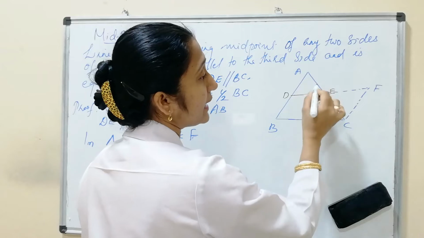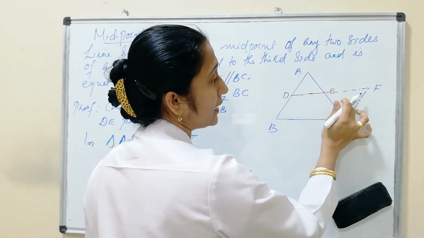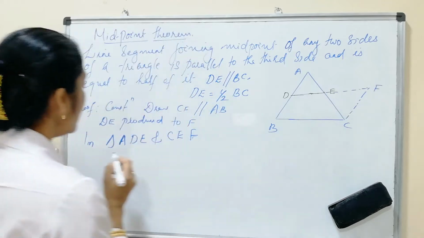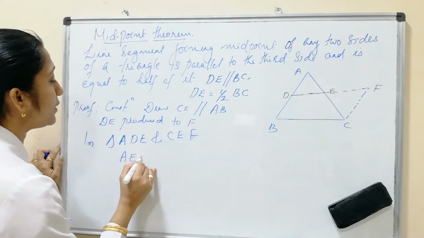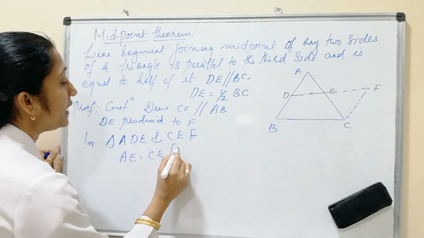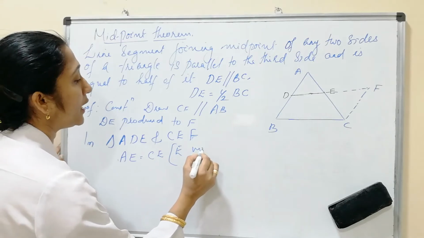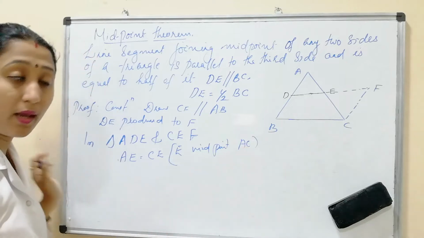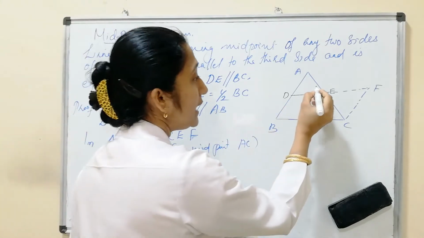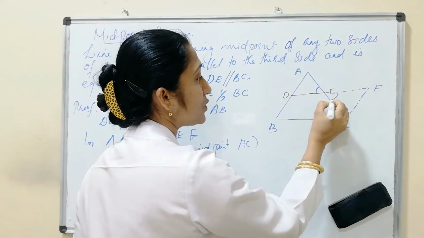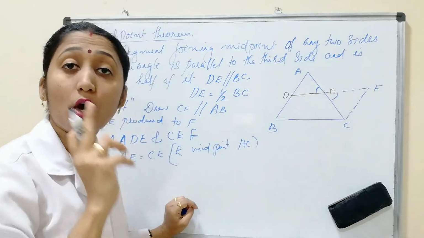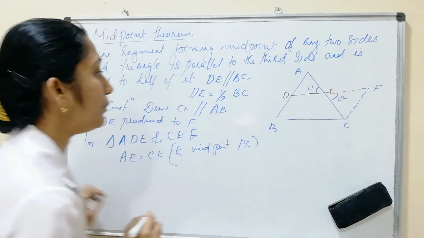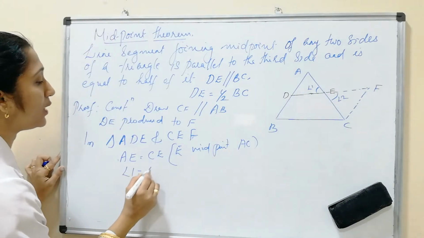So in these two triangles, AE equals CE, why? Because E is the midpoint of AC. Next, these two angles, what are they? They are vertically opposite angles, that is angle 1 and angle 2. So angle 1 equals angle 2.